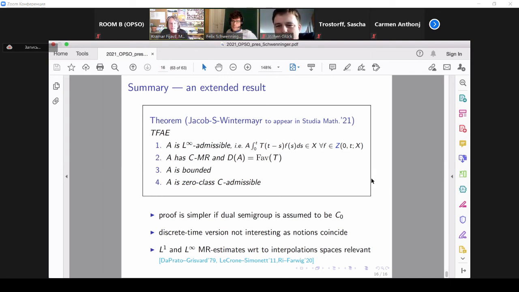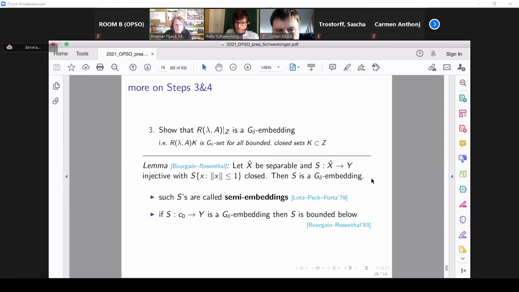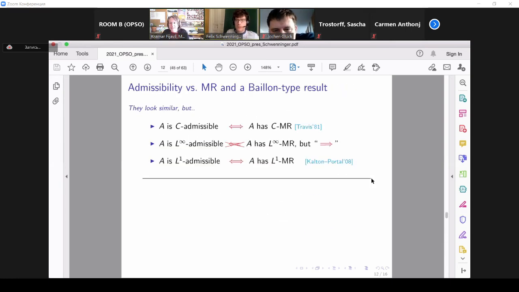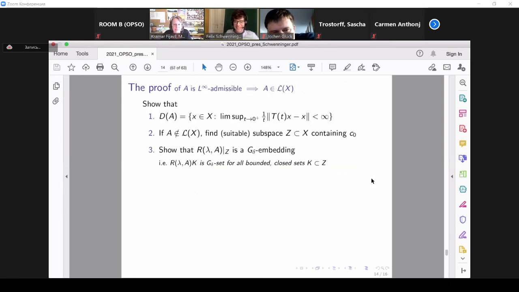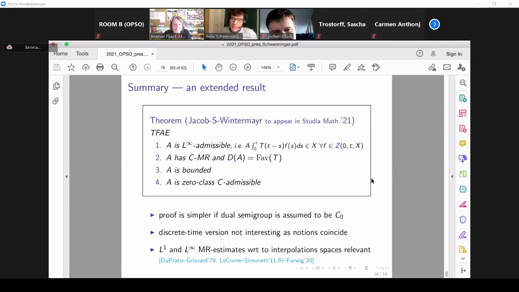Okay, I think I have a slight question on the slide, point 4. What does it mean that A is 0-class? The last slide, point 4. That's a good one, because this is, of course, meant there to trigger this question. I did not explain it.